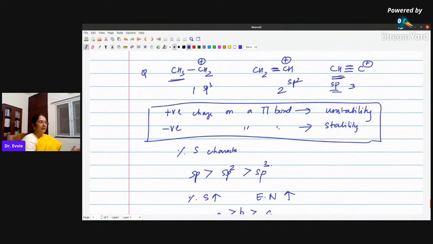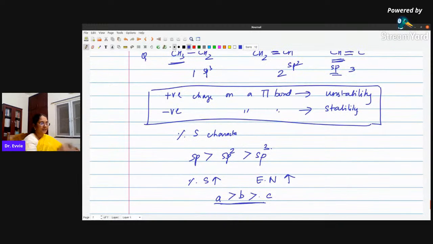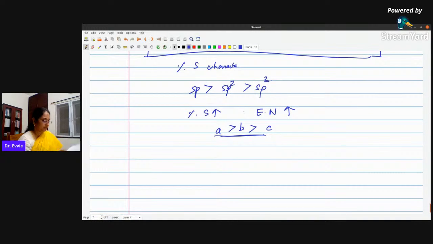As I told you, a positive charge on that particular pi bond will lead to instability. So please remember this. Now let's do some more questions. Let's do a JEE question and a NEET question. Then we'll stop with this.